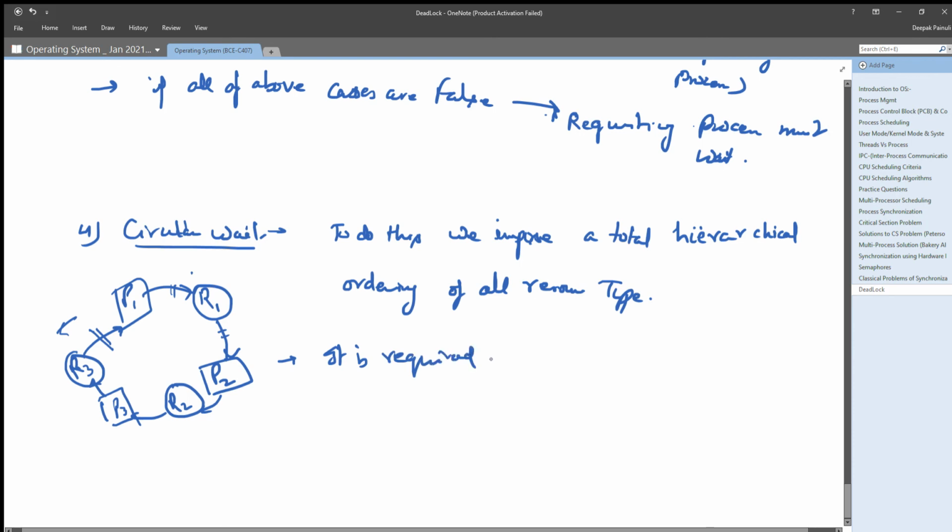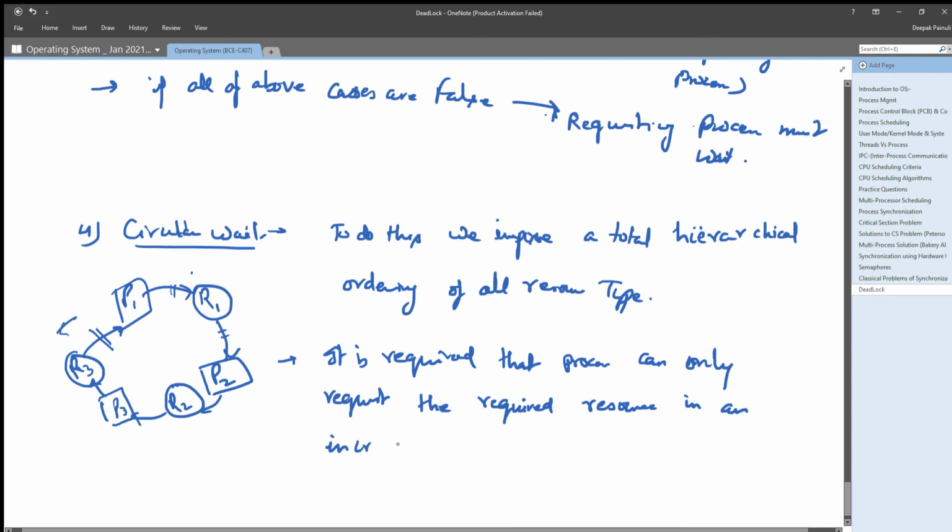Or in other words, it is required that processes can only request the required resources in an increasing order of enumeration, right?